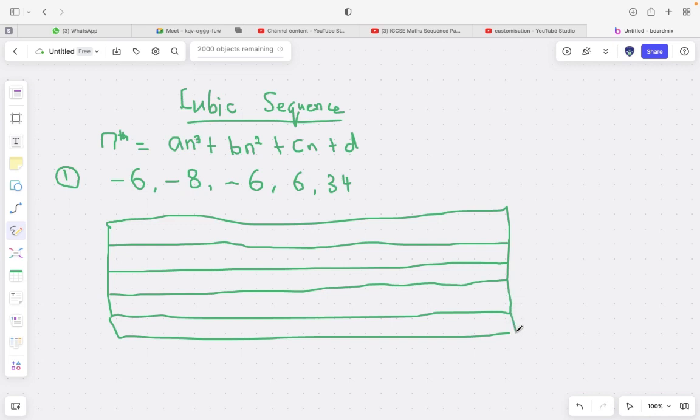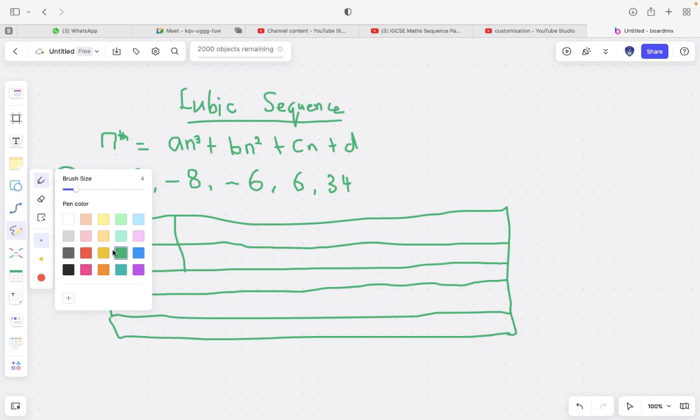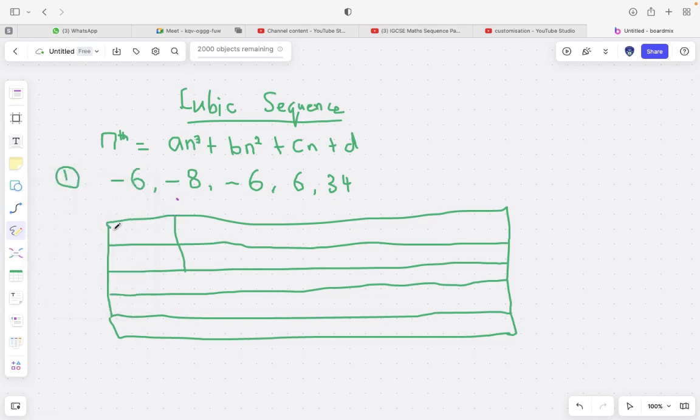Now let's see the first case. Here we have position. Remember, position is n. Then we have term.